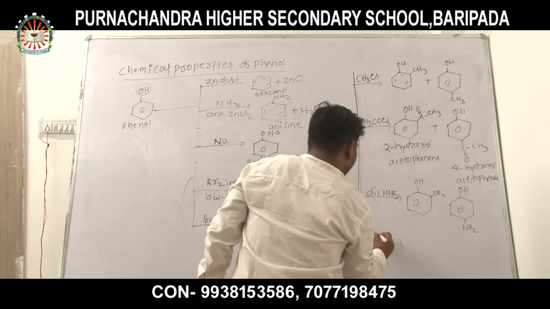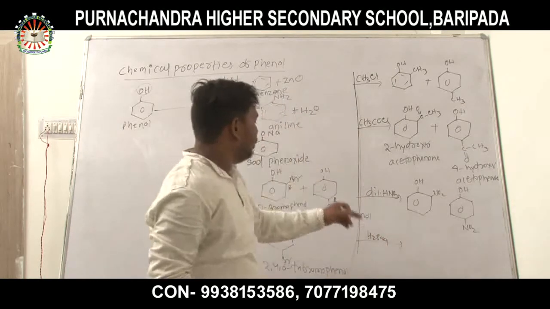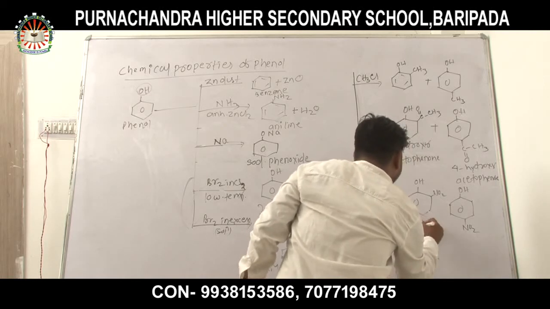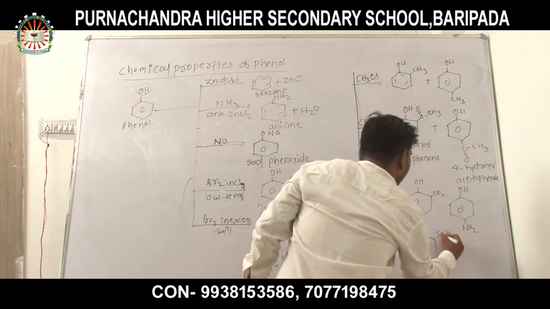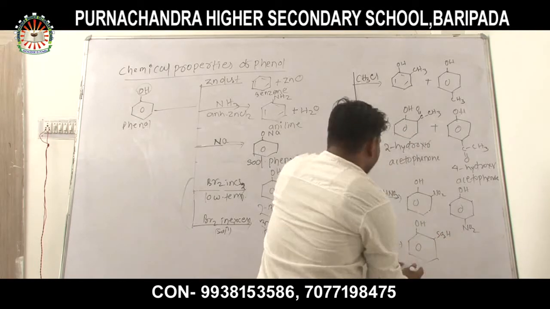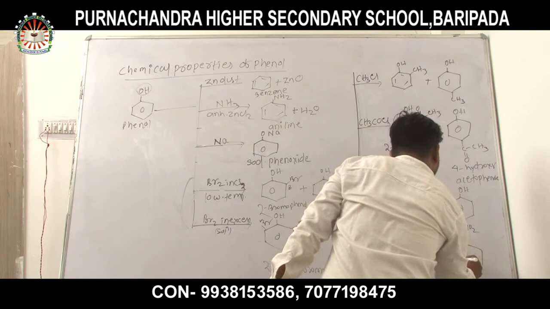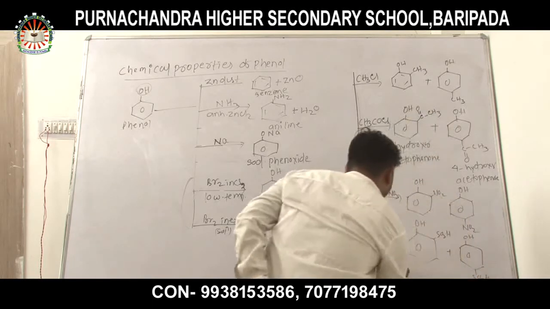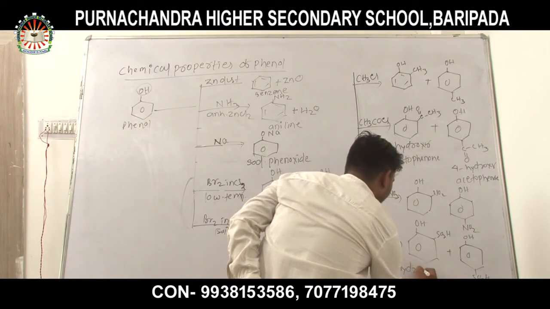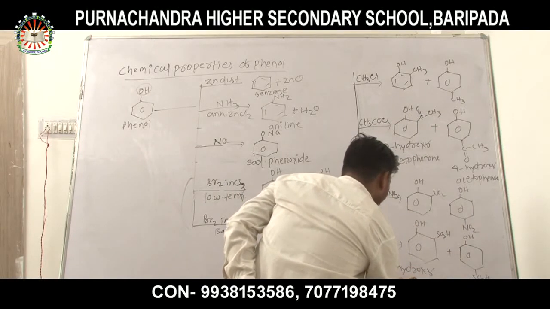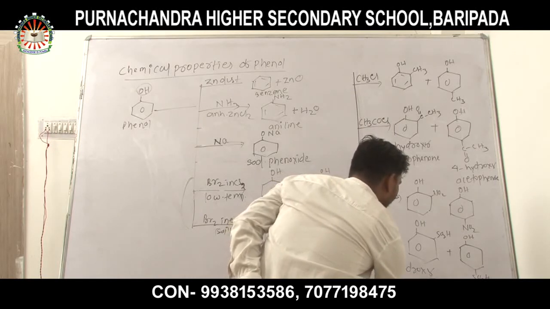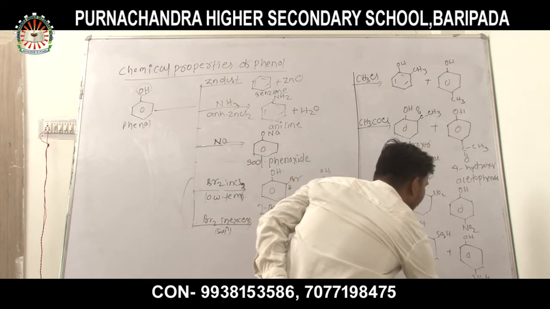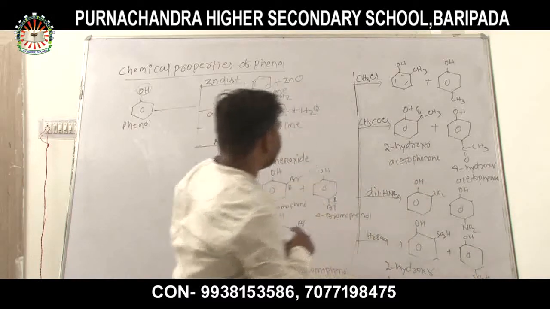Similarly, sulfonation: when phenol is treated with H2SO4, two isomeric products are also formed, 2-hydroxybenzene sulfonic acid and 4-hydroxybenzene sulfonic acid.